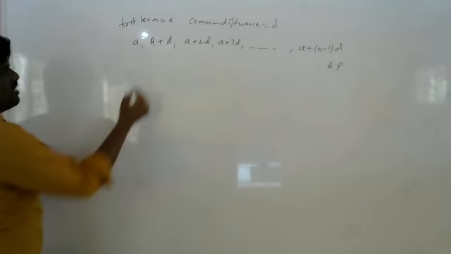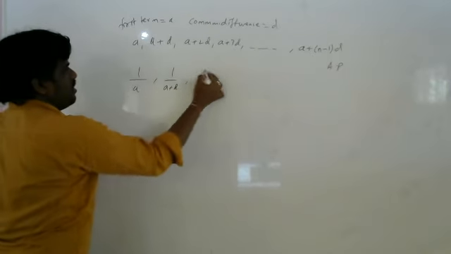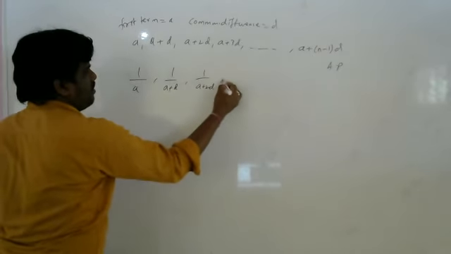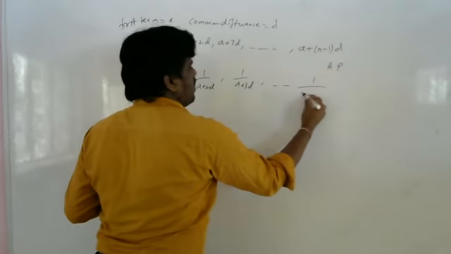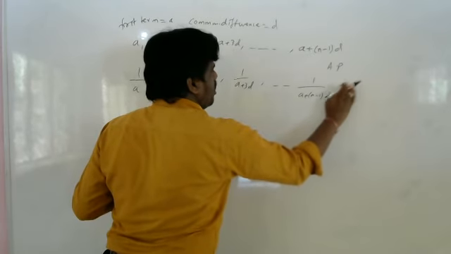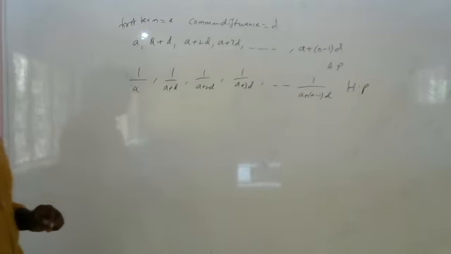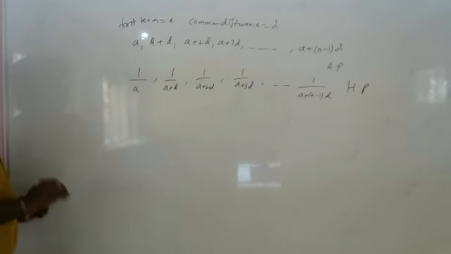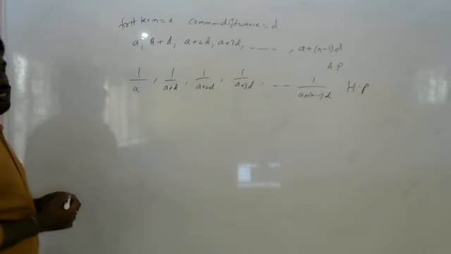But what is harmonic progression? It is 1 by A, 1 by A plus D, 1 by A plus 2D, 1 by A plus 3D, and so on up to 1 by A plus n minus 1 into D, called HP, harmonic progression. Nothing but the reciprocal of an arithmetic progression is called harmonic progression.